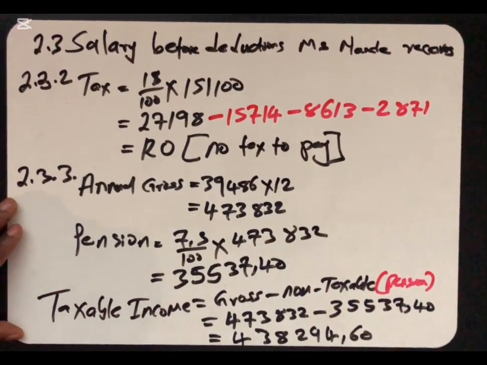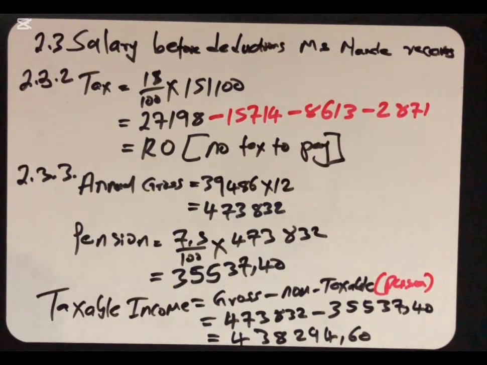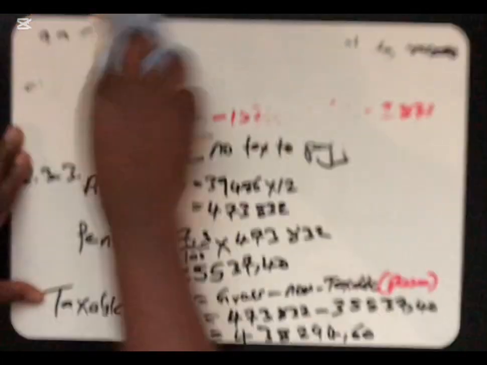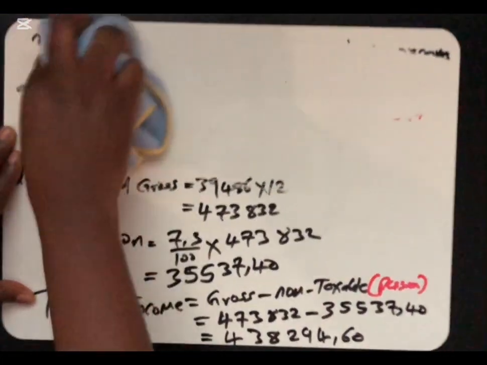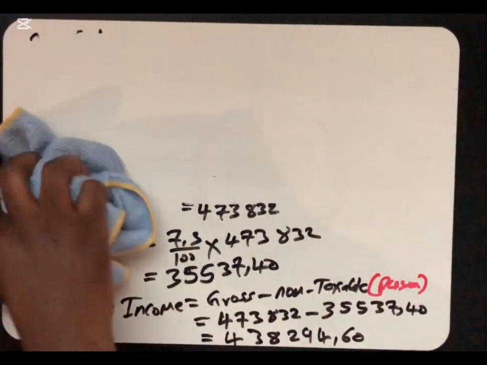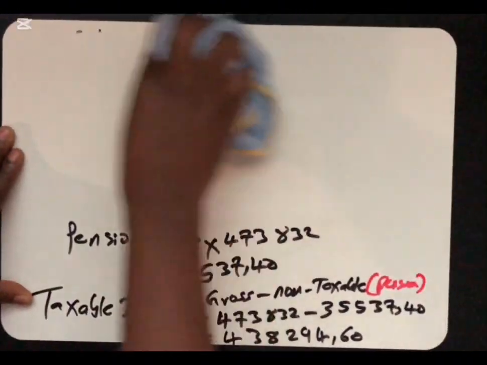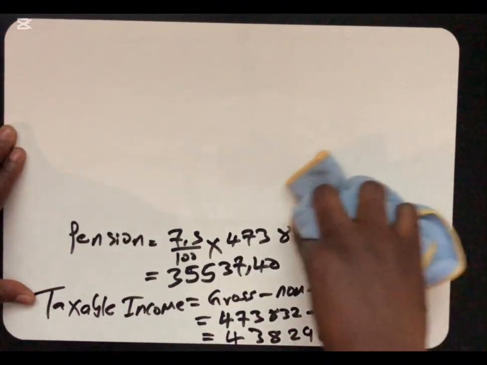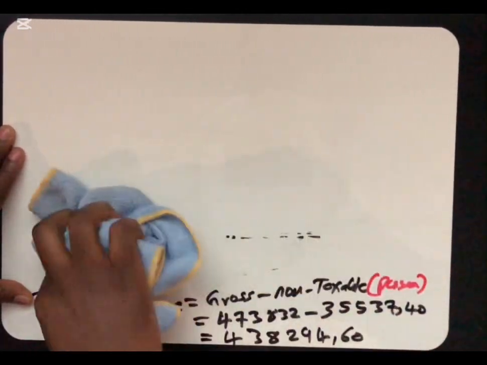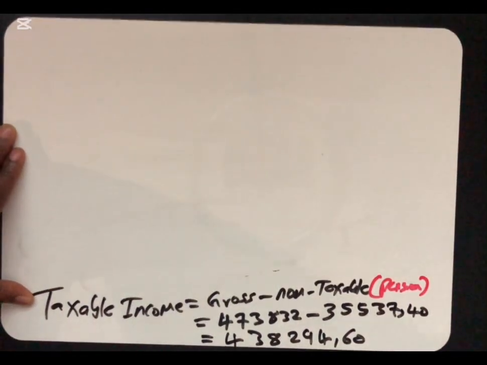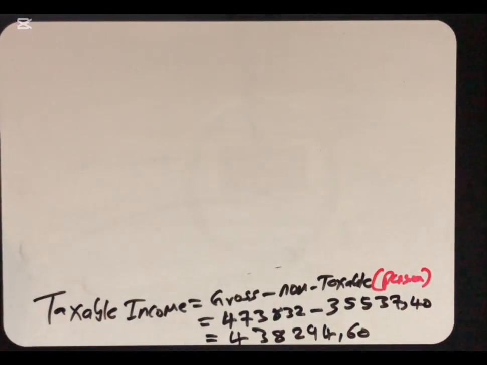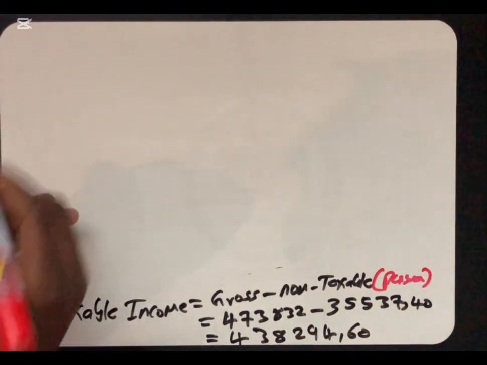This is the taxable income. Because of space, let me try to erase here. We have now calculated the taxable income using those steps. The taxable income, let me write it here on top of them.